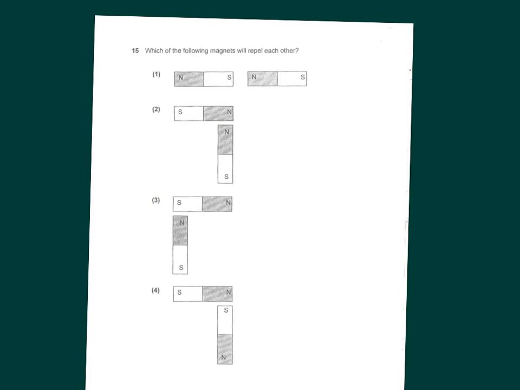Question 15, which of the following magnets will repel each other? Magnetic repulsion occurs when there are like poles, right? So like poles repel and unlike poles attract. So let me write it down for you. Like poles will repel.